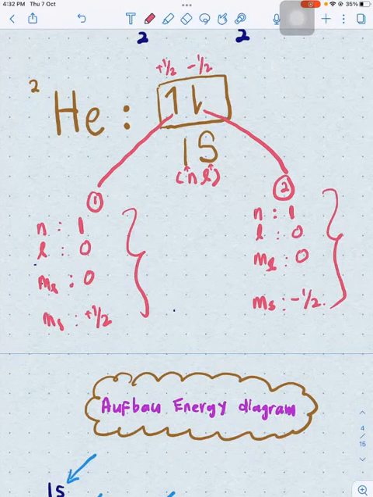So, yes, yang kita boleh buat kesimpulan based on Pauli exclusion principle, bila kita ada satu kotak, maksimum yang kita boleh isi 2 elektron, 2 arrow. And then if you want to pair the electron, kalau kita nak pasangkan 2 elektron ni, you have to make sure that they must be in a different spin. So that is Pauli exclusion principle.